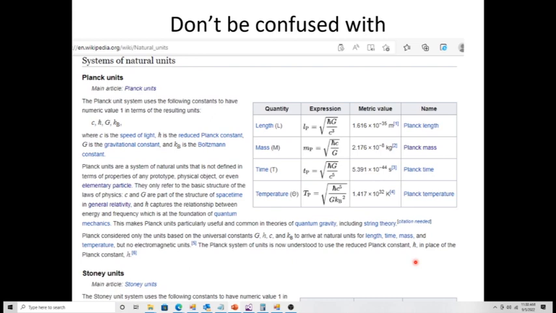I just found this out. These physicists have come up with so many systems of natural units. I didn't even know. I just started using this term. I just found this out. And this really shows the clown logic of physicists, because already we have length in meters, we have time in seconds, we have mass in kilograms. We already have arbitrary quantities that we measure physical things with.